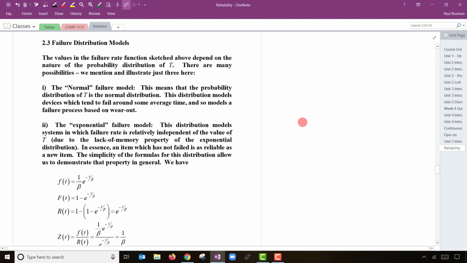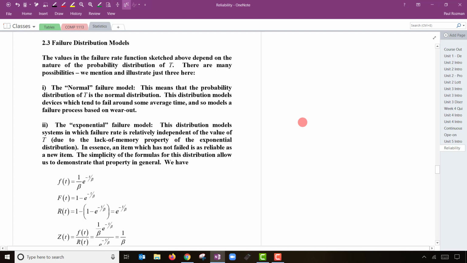So like a light bulb, for example, often has an exponential failure model because the thing could be burning. Could have a light bulb lit for 100 hours, and it's no more likely to die than one that had been burning 200 hours or at 300 hours.